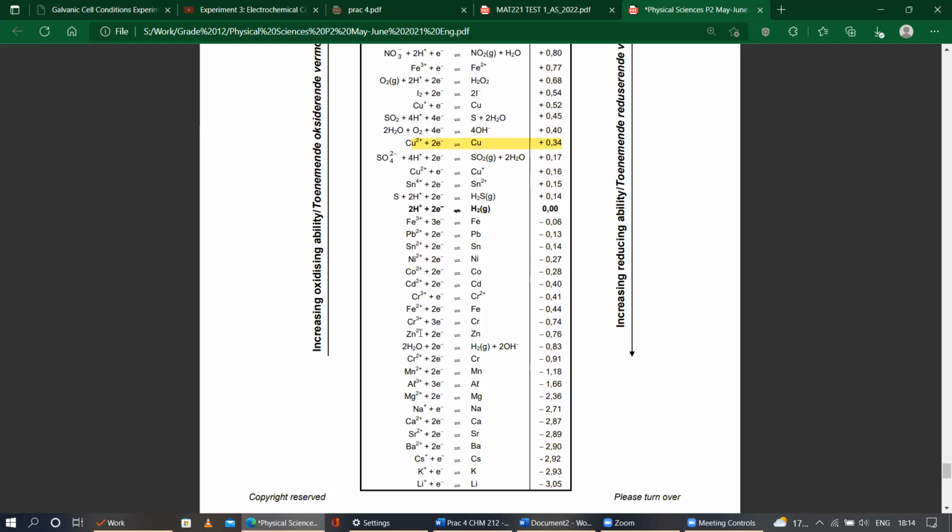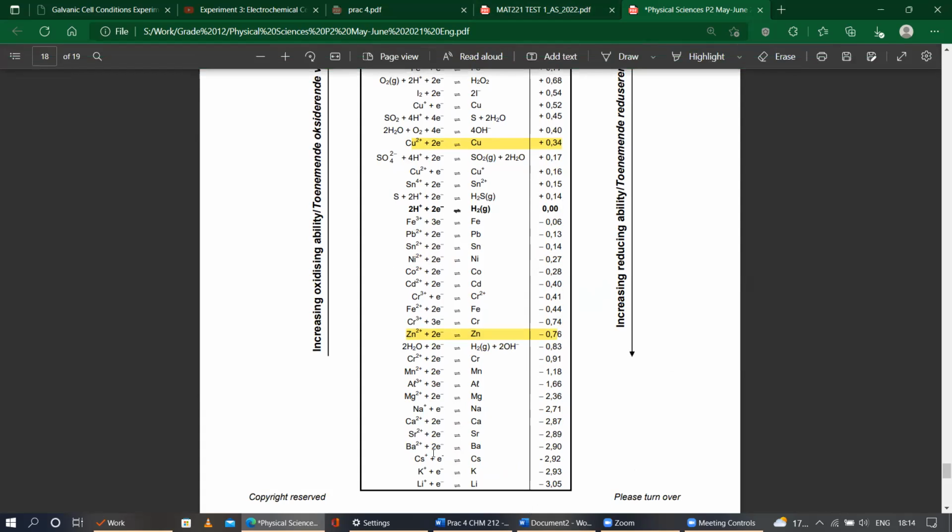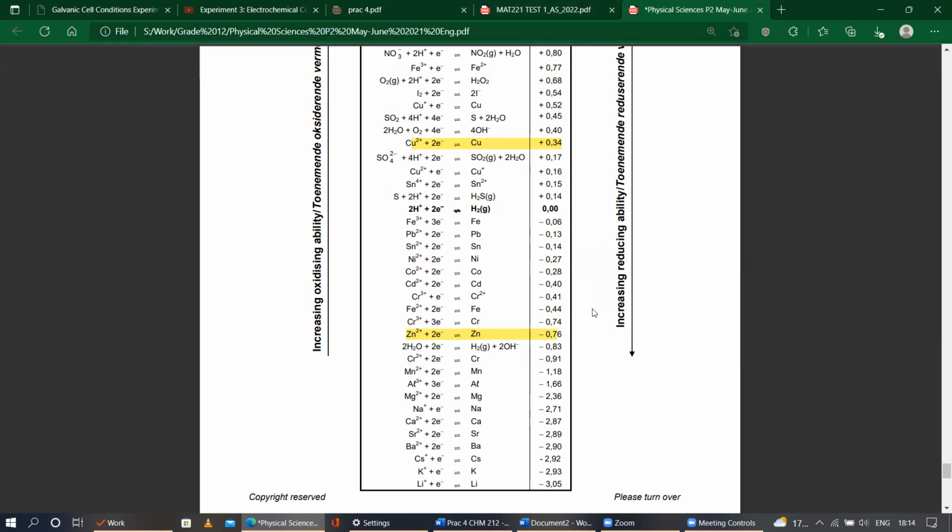Then I was looking for the one for zinc, which is here also. So those are basically the equations that you're gonna use. Let me go back to that whiteboard.